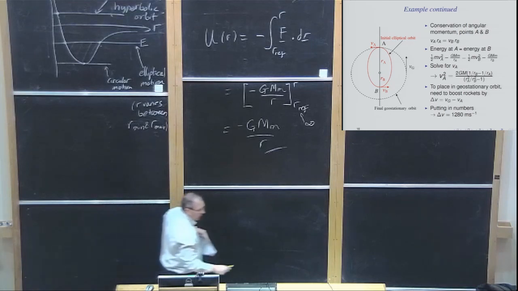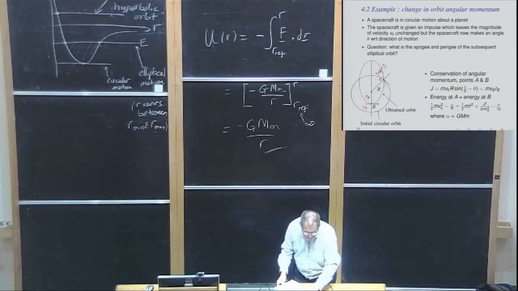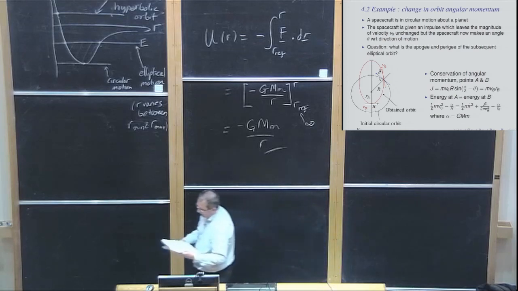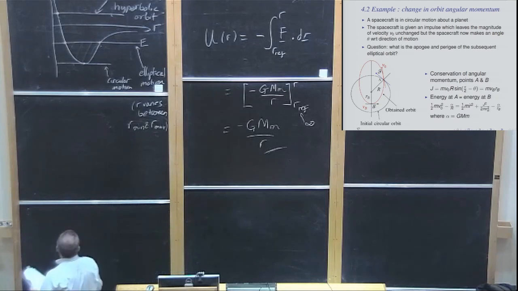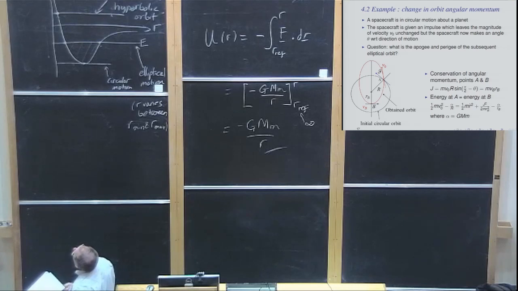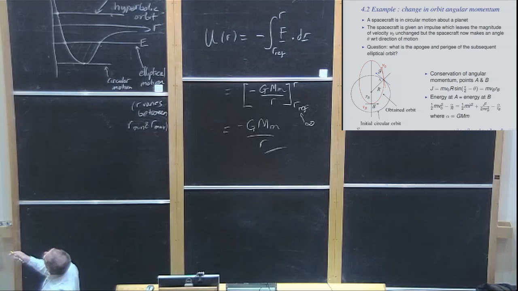Okay, so example 2. So this is an example where we start this time a spaceship in a circular orbit, and then at a certain point the spacecraft is given an impulse which we're told does not change the magnitude of its velocity, but it certainly changes the direction of the orbit.